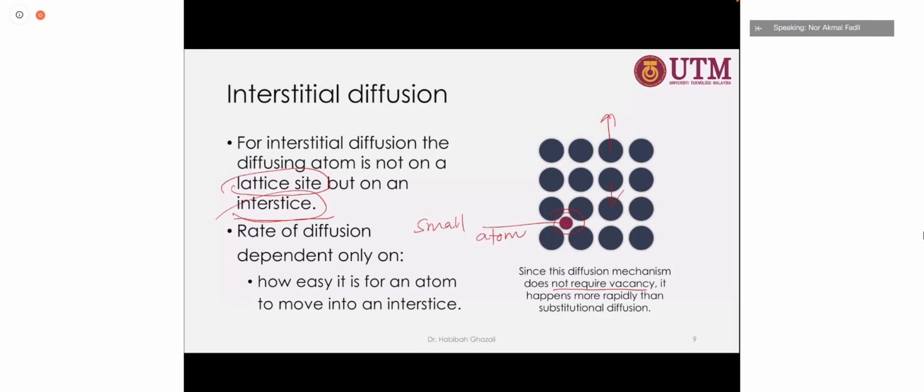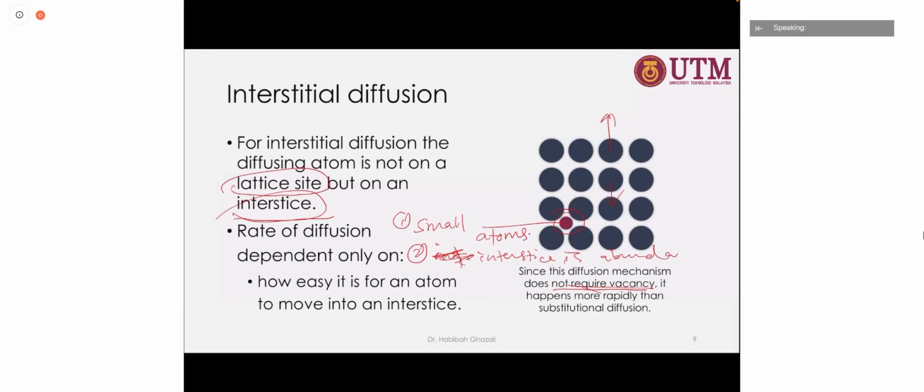Right, small atoms. And number two, it does not require vacancy, and interstice is abundant.